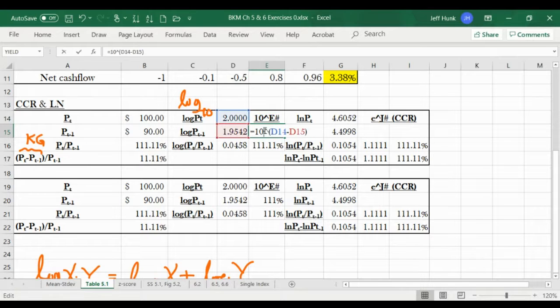In other words, this column is 10 raised to what's going on in column E. In other words, D14 minus D15 is log of 2, minus 10 raised to 2 minus 1.9542. So what did I just do?